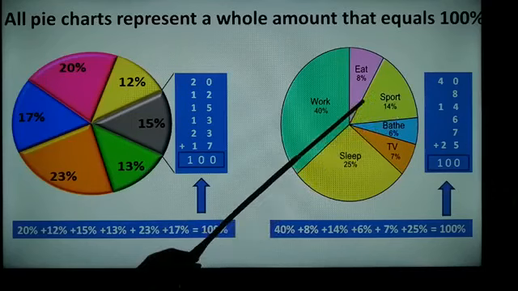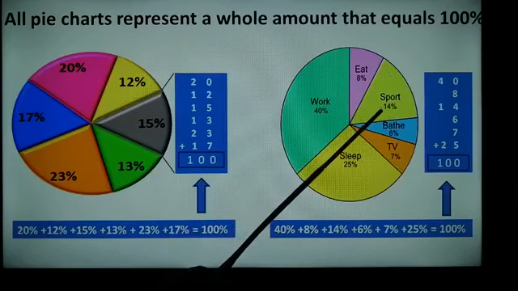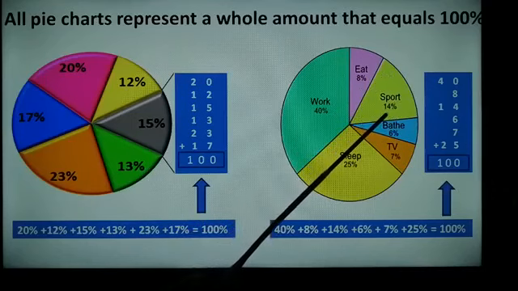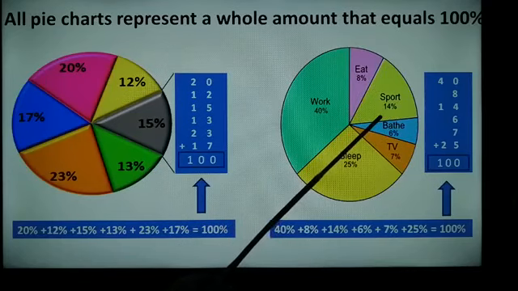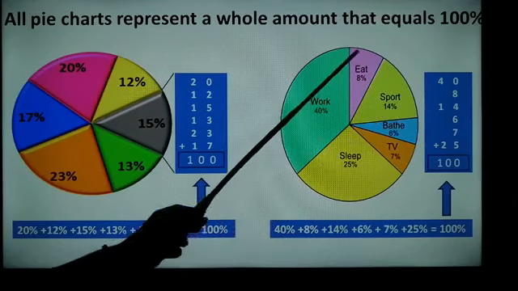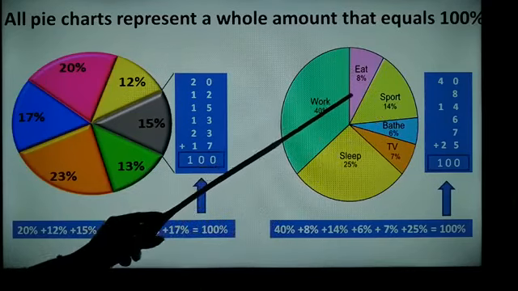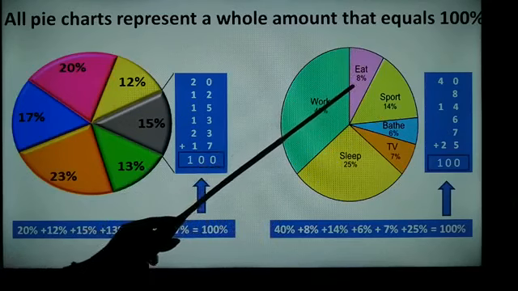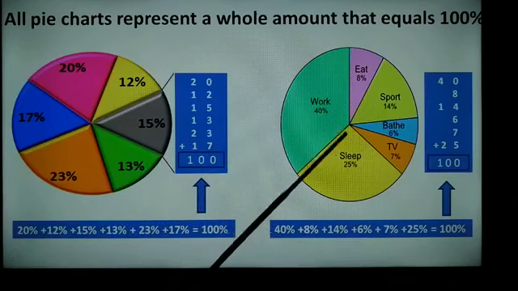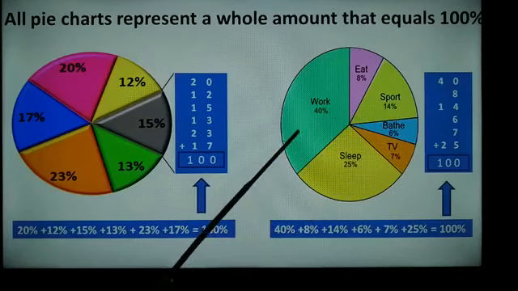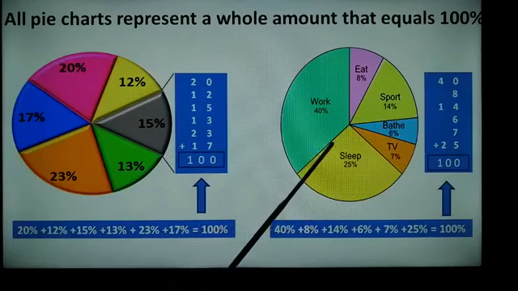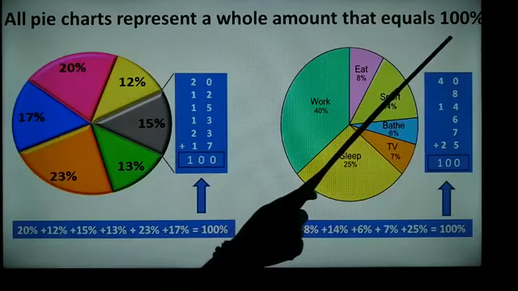And for the physical activity, sports and all, what is the percentage? 14% of the total. And for eating and all, he is taking 8%. So when you add all these percentages, it is equal to what? 100%.